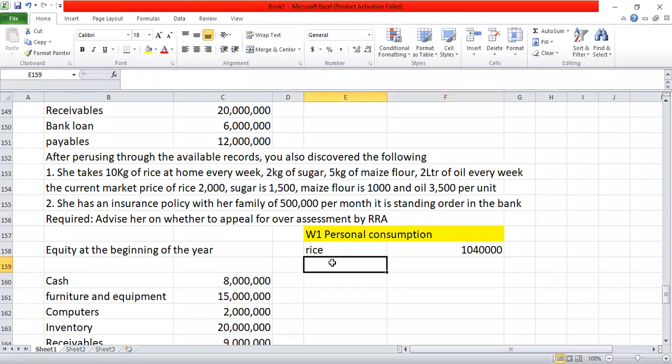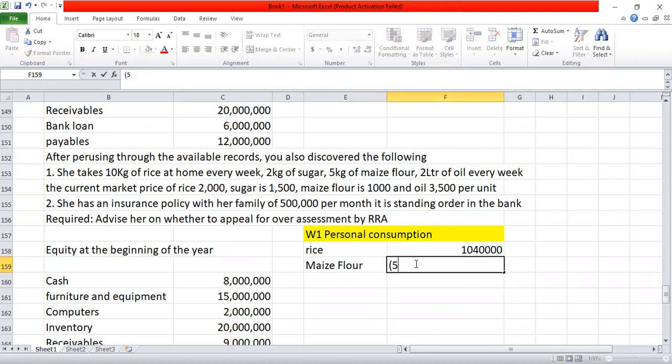Then another one is maize flour. Maize flour, it is 5 kilograms every week, times 52 weeks, times the price for maize flour, which is 1,000.